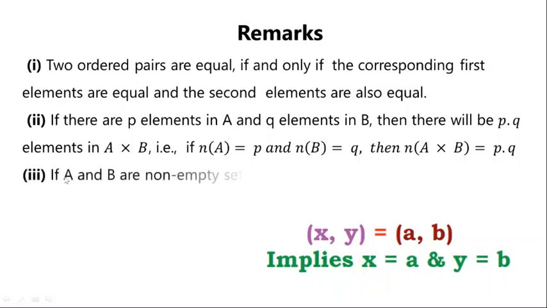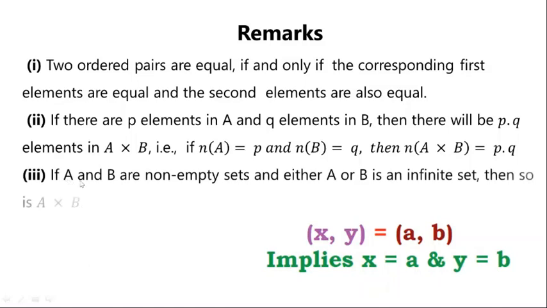Third remark, if A and B are non-empty sets and either A or B is an infinite set, then so is A cross B. Here is one example. If (x, y) equals (a, b), that implies x strictly equals a and y strictly equals b.